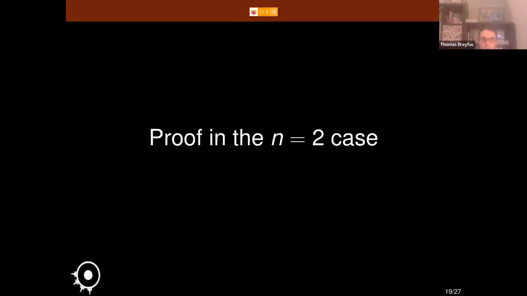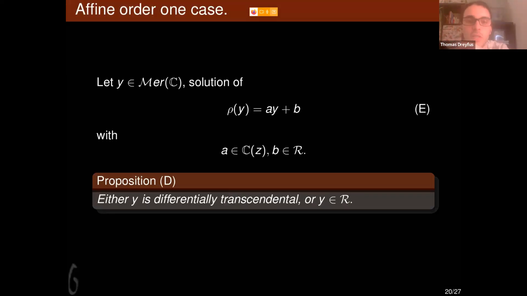So now, if you are a specialist of difference Galois theory, you can wake up, because let me sketch the proof of the n equals 2 case. So let y be a meromorphic function on C that is solution of an affine order one equation, with A belongs to C(z) and B that belongs to the ring that I gave a few slides before.